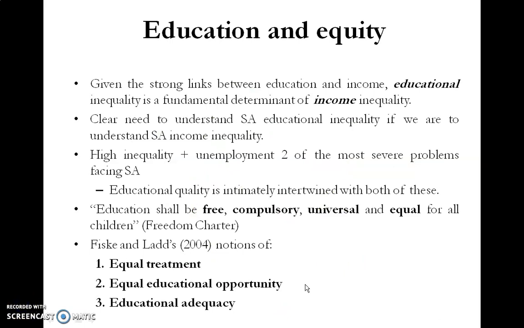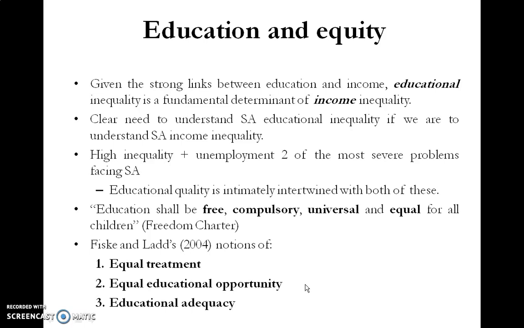So given the very strong links between education and income, as seen in the previous cycle, educational inequality is a fundamental determinant of income inequality. And you know from previous lectures that South Africa has the highest degree of income inequality in the world.